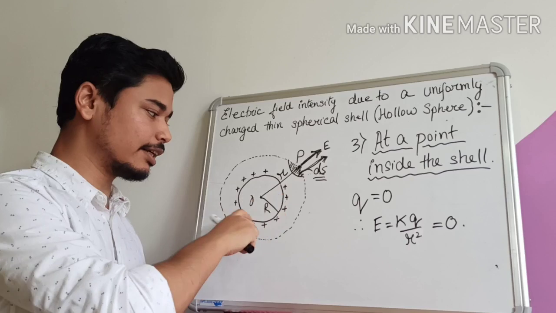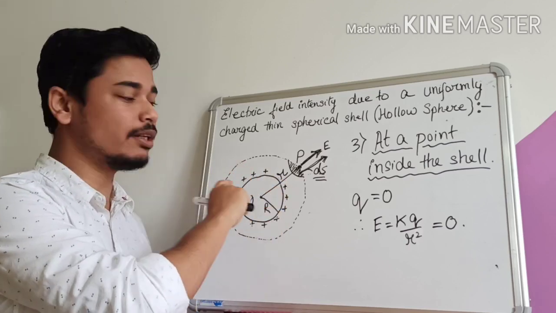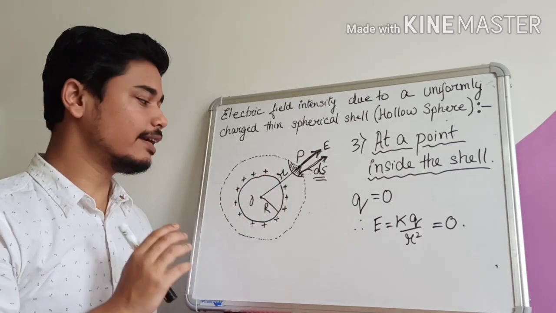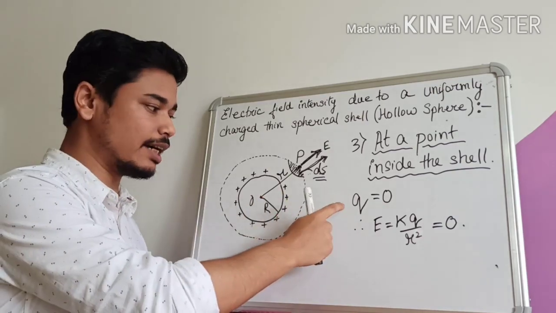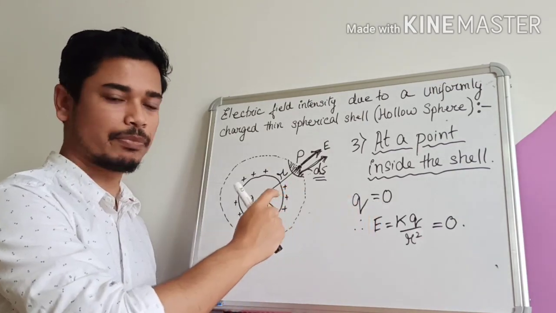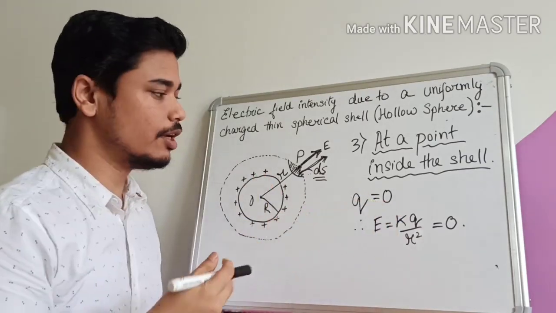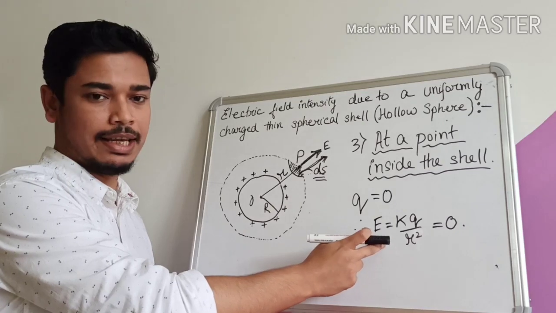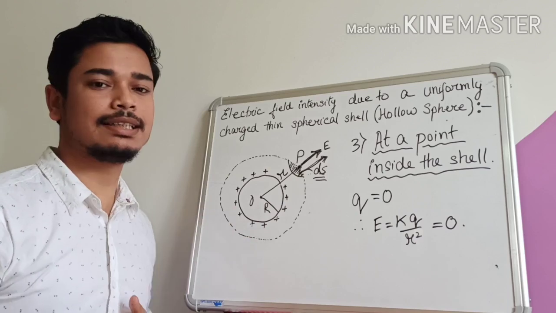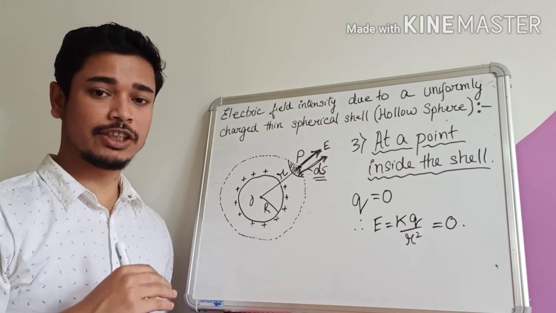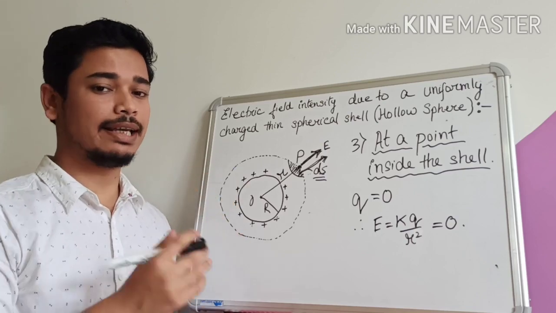Okay, so for this conductor, electric charge will be uniformly distributed on the surface of the conductor, and there will be no charge inside the surface. So what do we have? The total charge inside the surface is 0. Therefore Q is equal to 0. So in this case, what will be the value of electric field? KQ divided by r square will become equal to 0. So what we have seen is that the electric field inside the surface of a conductor, or at a point which lies inside the surface of the conductor, is 0.